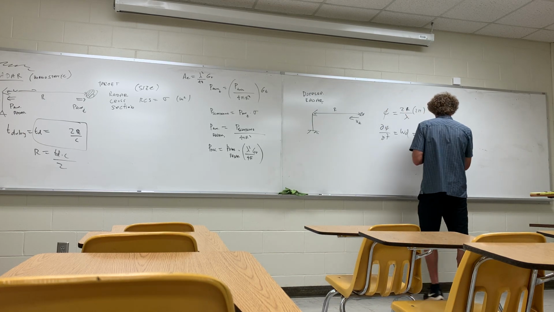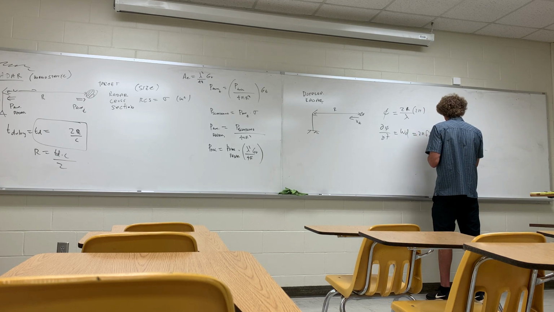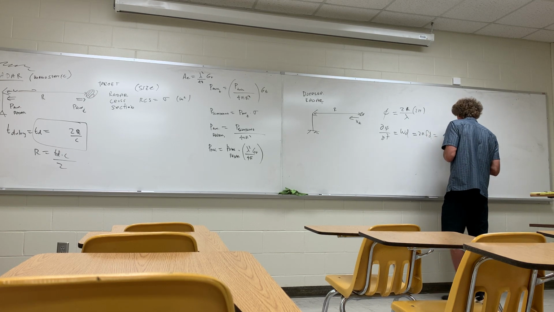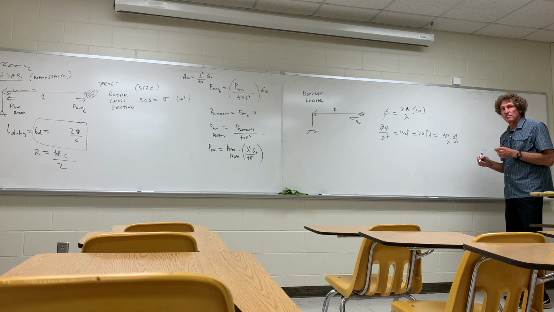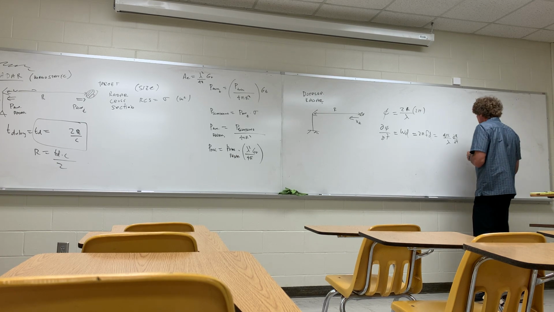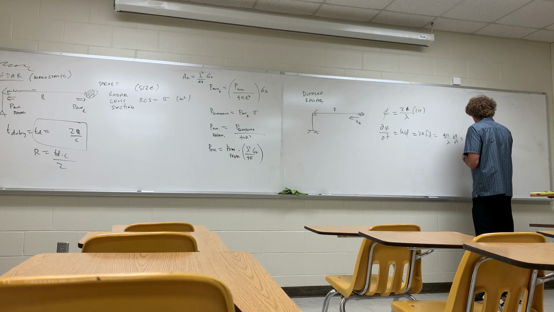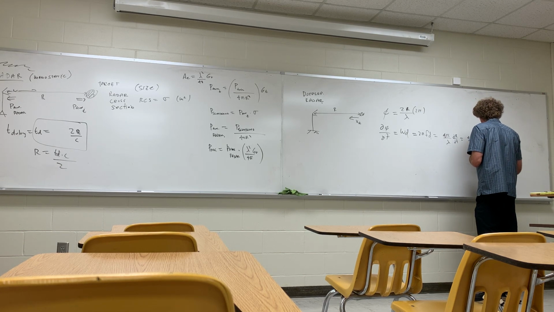And that's also equal to 4 pi over the wavelength times dR/dt, the change in the radial position with respect to time. Or really, it's 4 pi over lambda times the radial velocity.